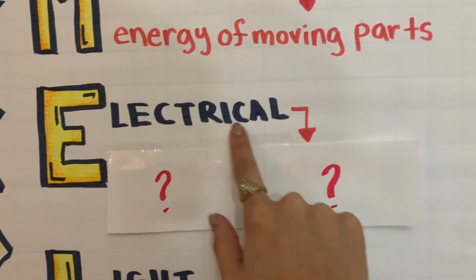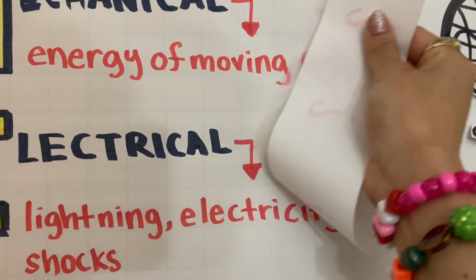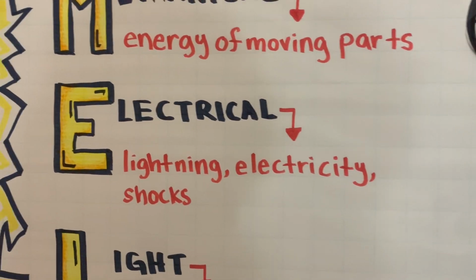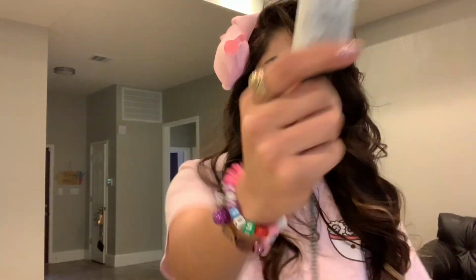That is electrical energy. Here we go. Electrical energy. Lightning, electricity, shocks. Electrical energy is energy produced by a power source. So this right here is a port. We plug it in. We're gonna plug it in really quick. See, we're gonna plug it in right here. And then we have the end of it.